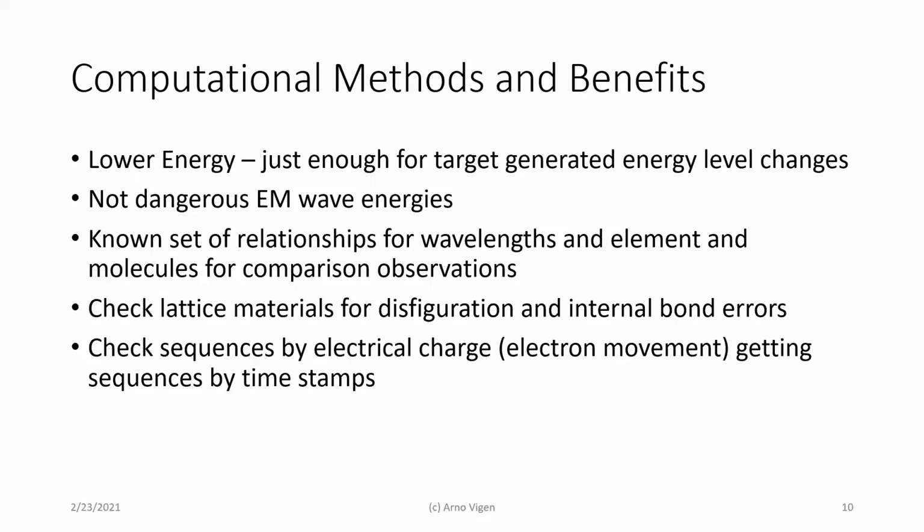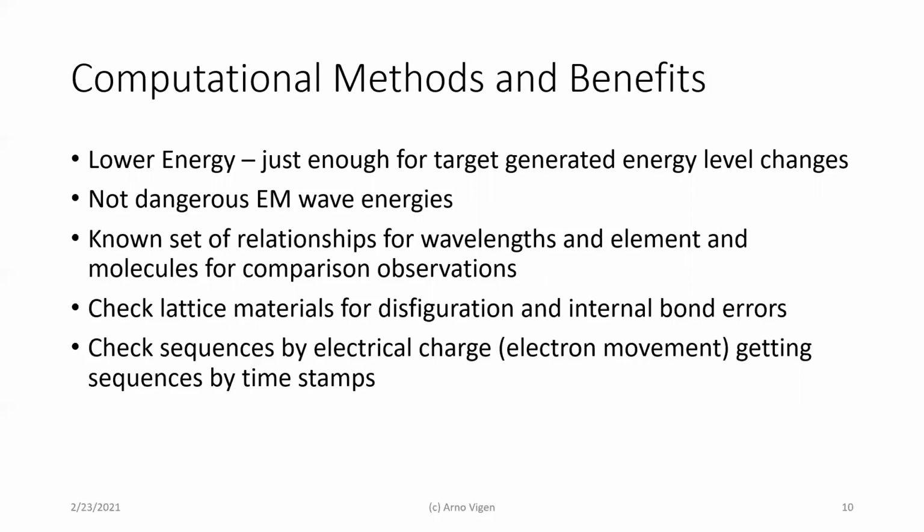And so we have comparable observations that have been built up over hundreds of years, so we can test these observations. But it also is a way to check a lattice material, because if you have photons coming off in a direction that is not the lattice orientation, that means there's internal errors. Okay, that means that there's something that's not built correctly in that lattice.